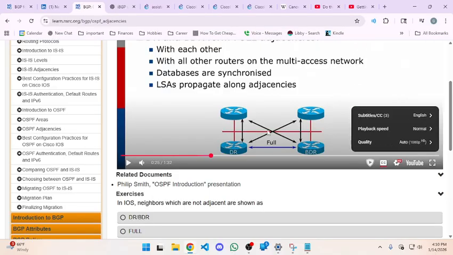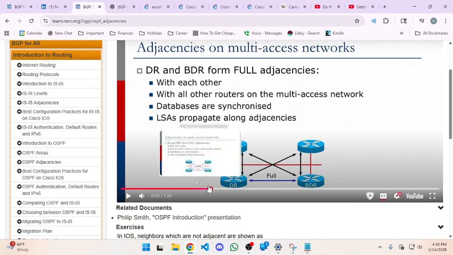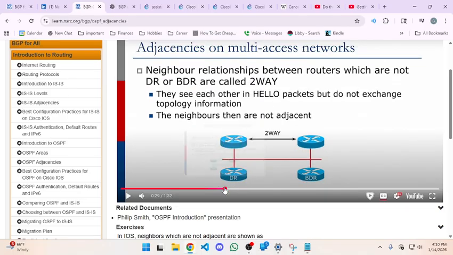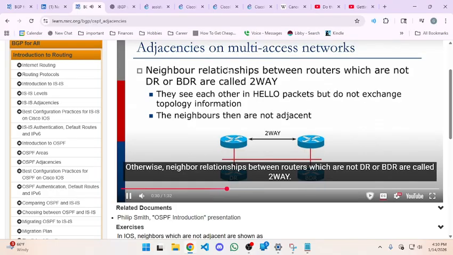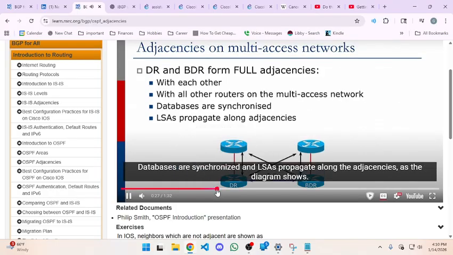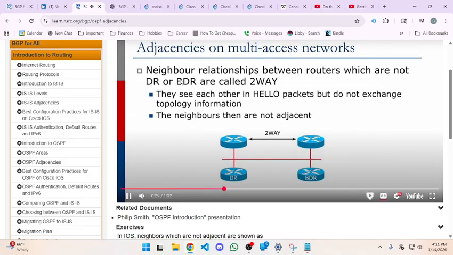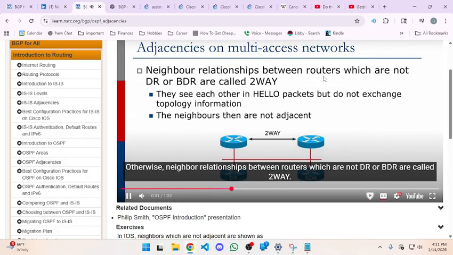Put it on normal speed. Otherwise, neighbor relationships between routers which are not DR or BDR are called two-way.